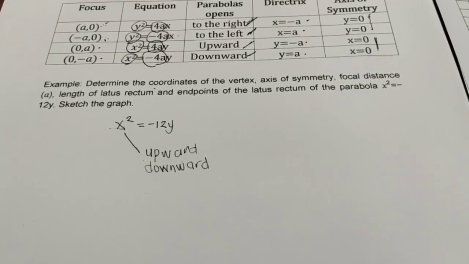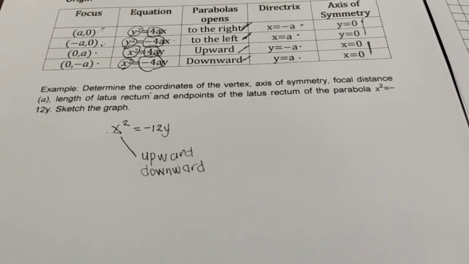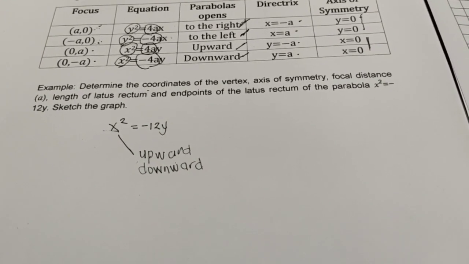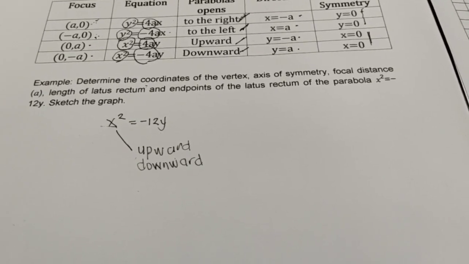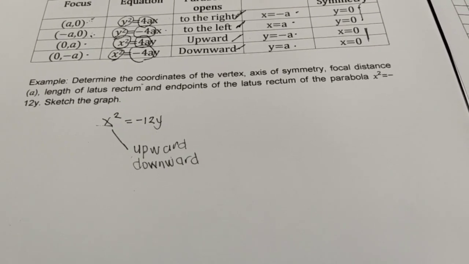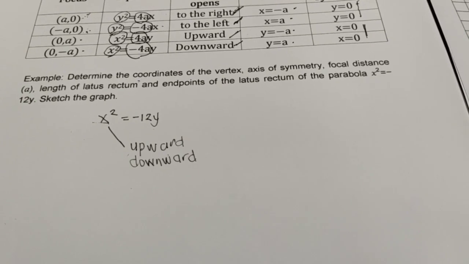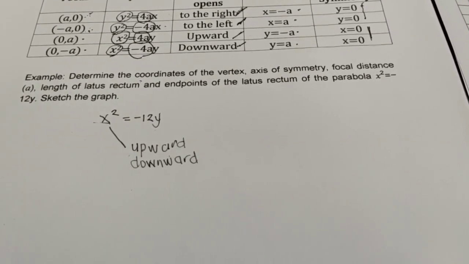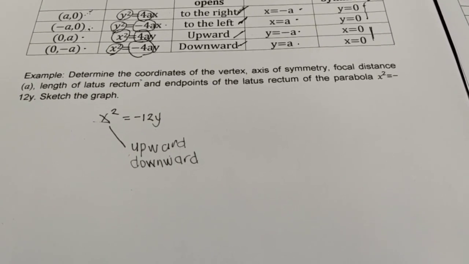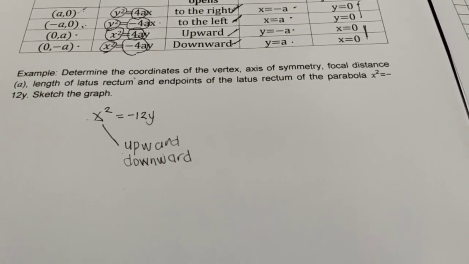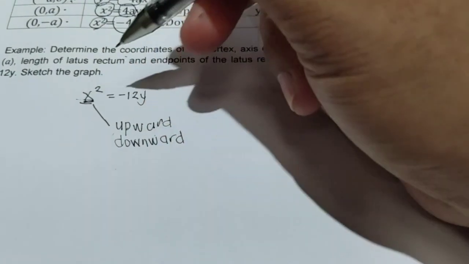Let's have our first example. Determine the coordinates of the vertex, axis of symmetry, focal distance, length of latus rectum, and endpoints of the latus rectum of the parabola x squared is equal to negative 12y.